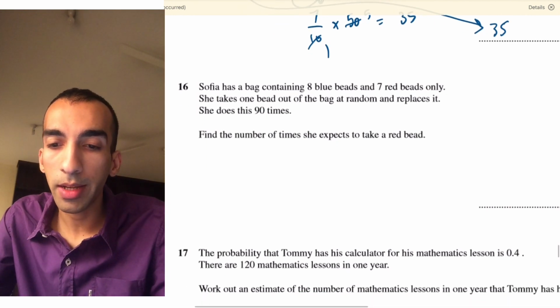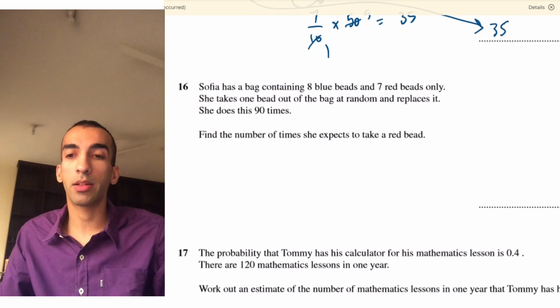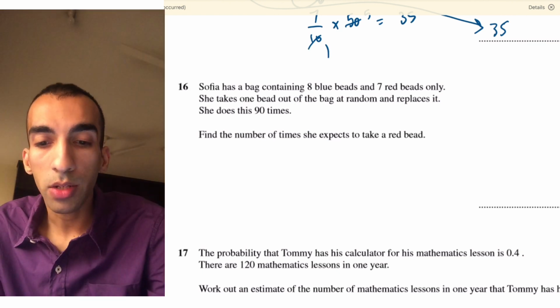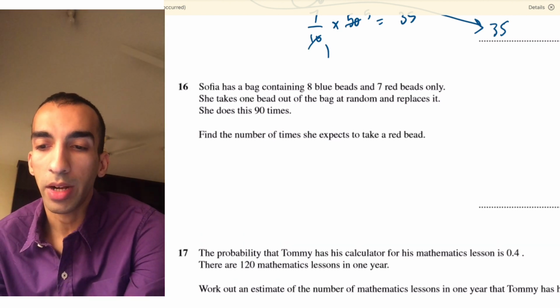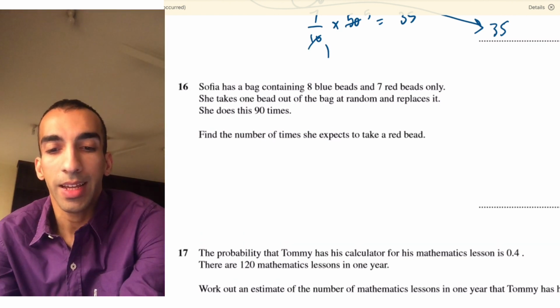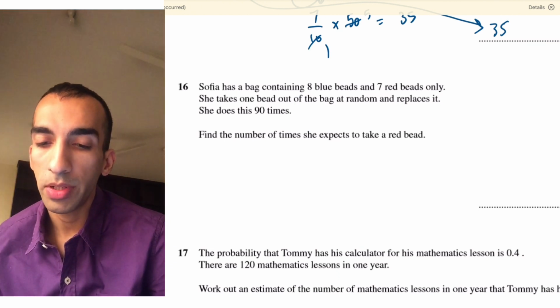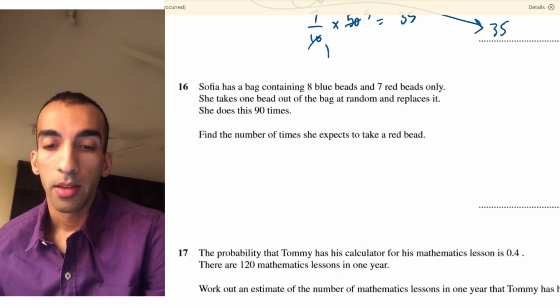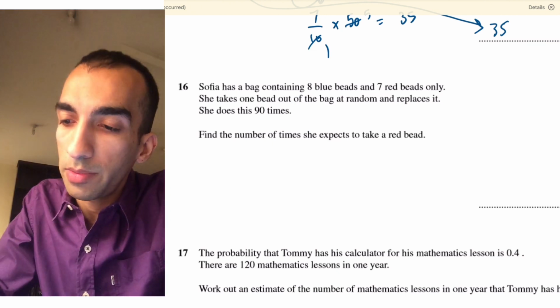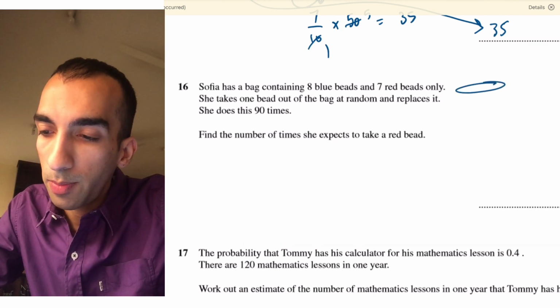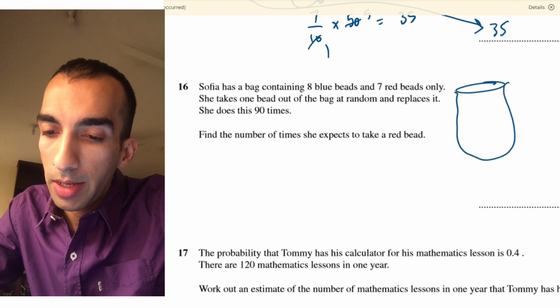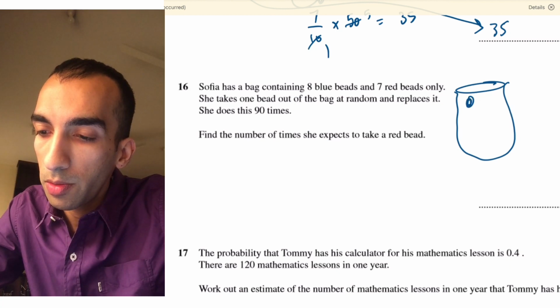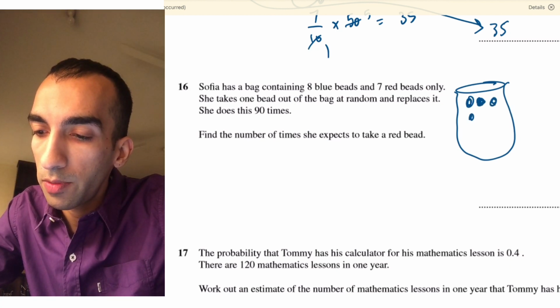Sophia has a bag containing 8 blue beads and 7 red beads only. She takes one bead out of the bag at random and replaces it. She does this 90 times. Find the number of times she expects to take a red bead. Now let's try to visualize it. She has a bag containing 8 blue beads: 1, 2, 3, 4, 5, 6, 7, 8.